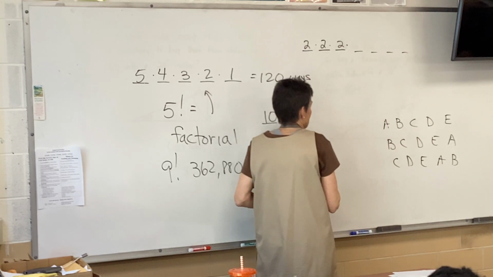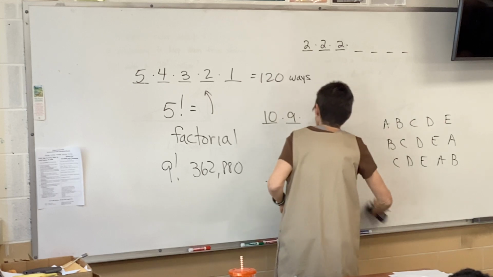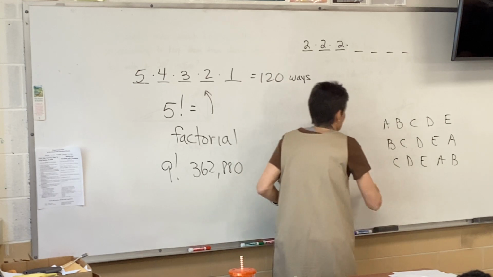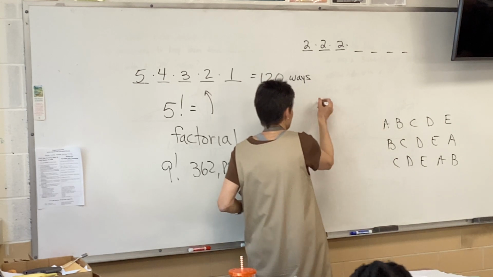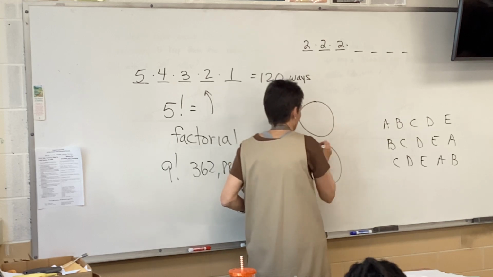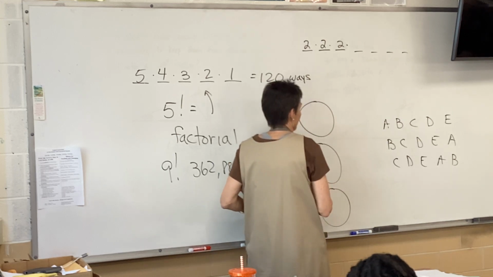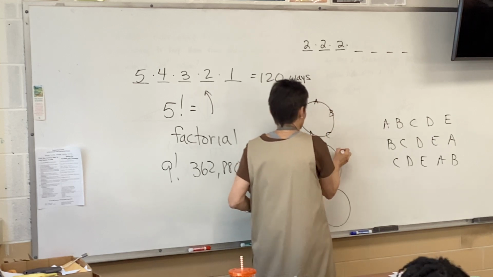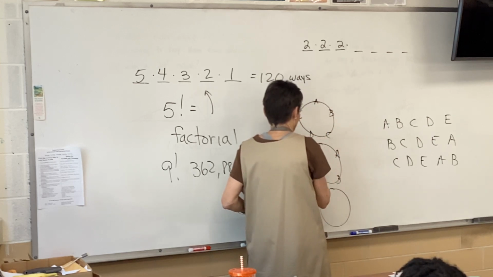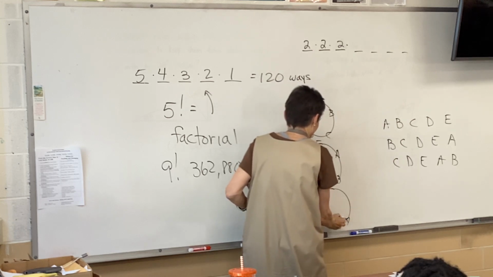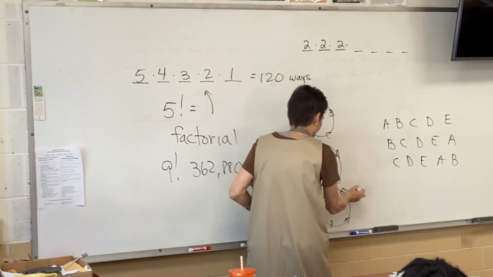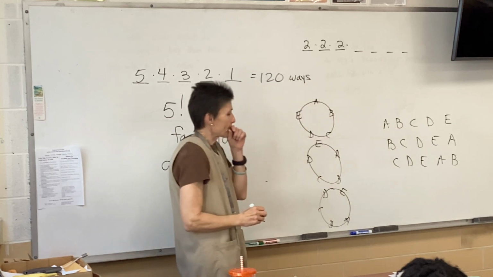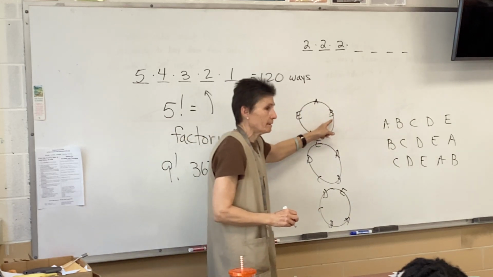The letters are diagonals. So let's say I take these people and sit them down at a circular table. Here's A, B, C, D. Look where B is sitting.